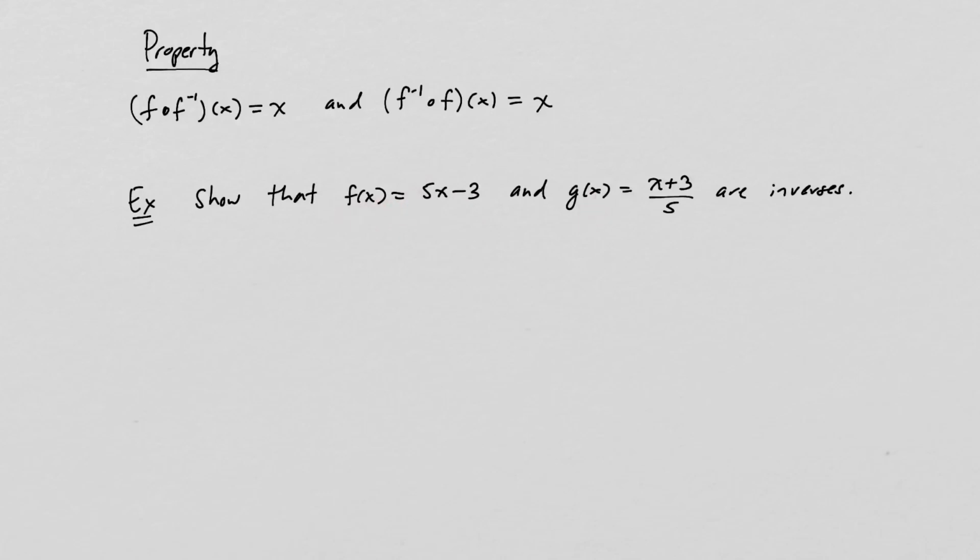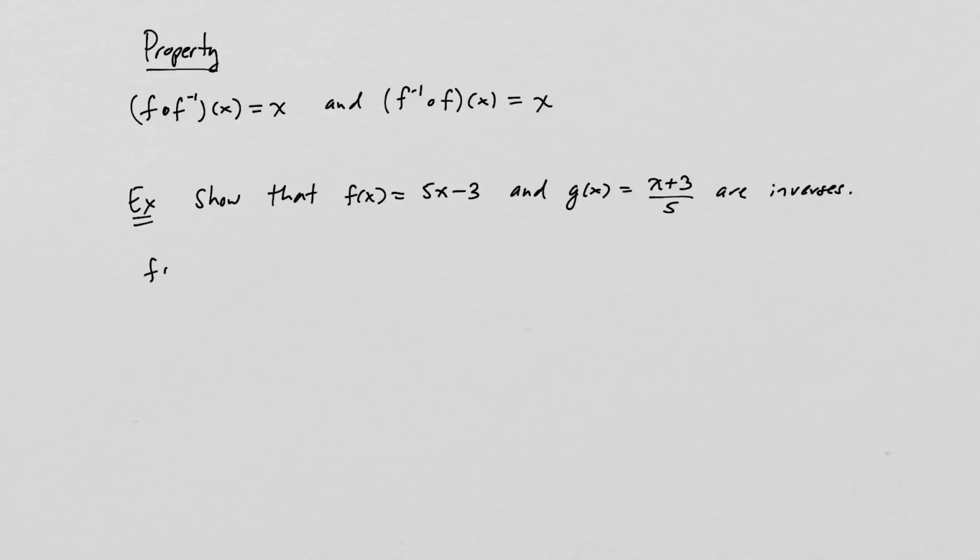I have another function g of x equals (x plus 3) divided by 5. And I want to show that these functions are inverses of each other. And the way we show that they are inverses is by doing the composition both ways and showing that you get x each time. So let's take a look at how this would work.